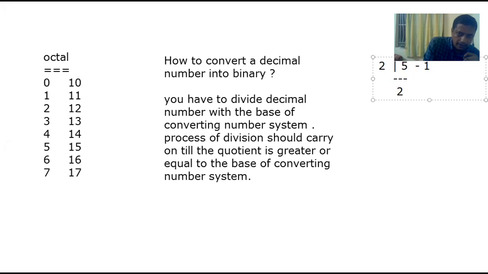Then I divide 2 by 2, and as I told you, the process of division should carry on till the quotient is greater than or equal to the base of the converting number system. You can see here 2 is equal, so we will divide by 2 again.